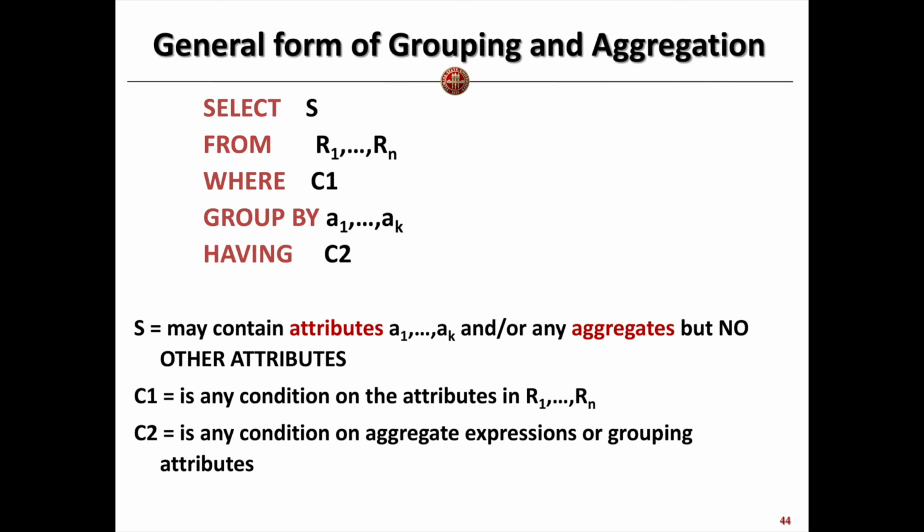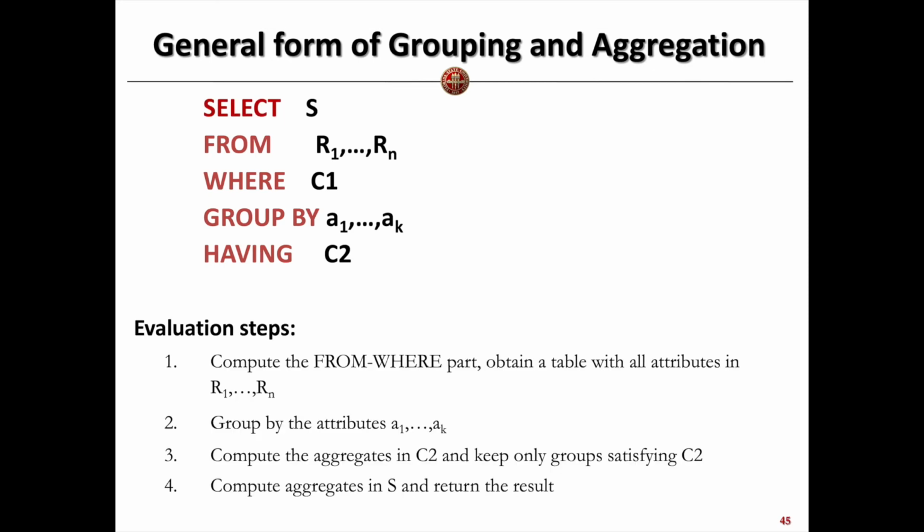So maybe it is very abstract for you. I can also show you the calculating process if we have a query like this. We have SELECT S FROM R1 to Rn WHERE C1 GROUP BY A1 to AK HAVING C2. If we have a query like this, the evaluation process will have several steps. When we see a query like this, the first step is to compute the FROM-WHERE part and obtain a table with all the attributes in R1 to Rn.